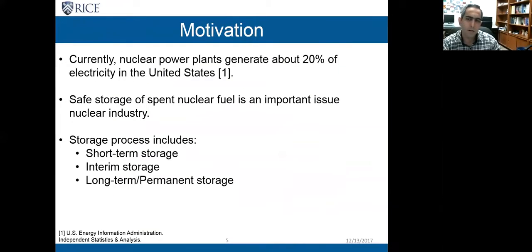So currently about 20% of the electricity in the United States comes from nuclear power plants. And safe storage of spent nuclear fuel is a very important issue in this industry. The storage process usually has three major steps: short-term storage, interim storage, and long-term storage.